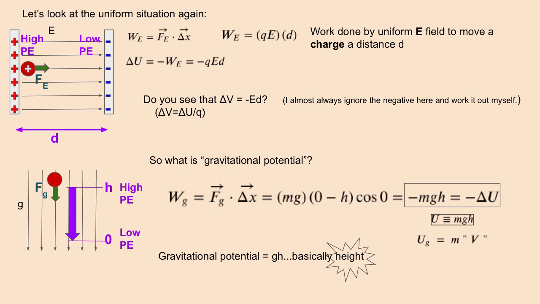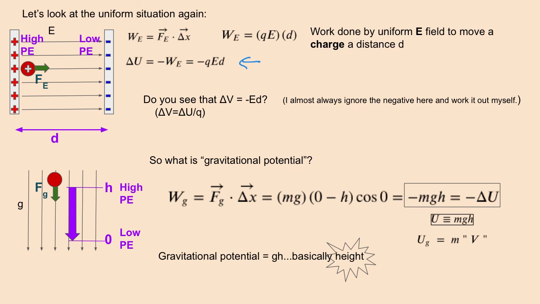So to do that, let's look at the uniform situation again, right? We've got our positive charge experiencing a high potential energy in the location of the high potential, right? All of this that I have right here is just a repeat from one of the previous slides, okay? Start looking right here: the change in potential energy is the negative of the work done by the electric field, right? So negative qEd.